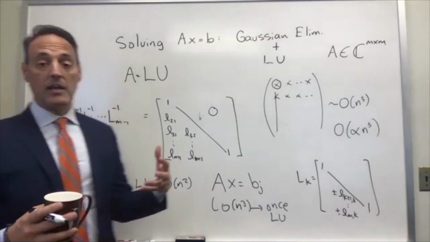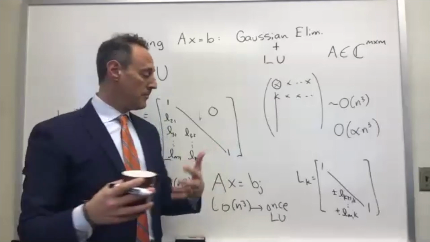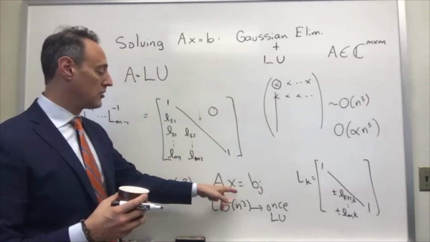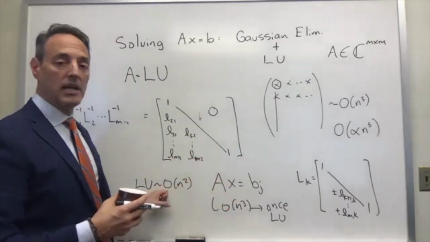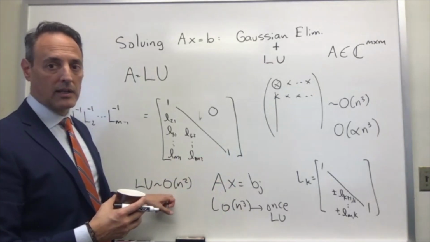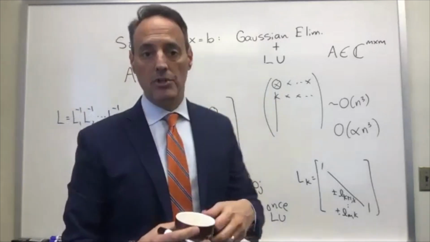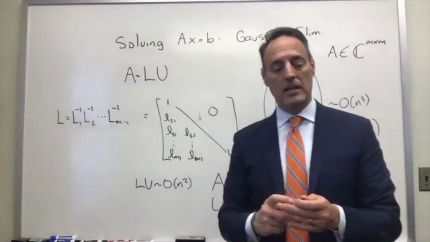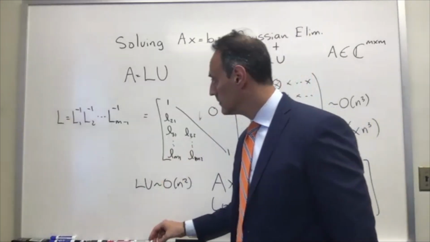If n is like 1,000, then it's 1,000 times more expensive to just keep using backslash versus getting the LU decomposition and then using the LU over and over again. This is what you want to be doing: get the LU, reuse it, because it is expensive to get, and it's a lot cheaper to solve AX equals B once you have it.